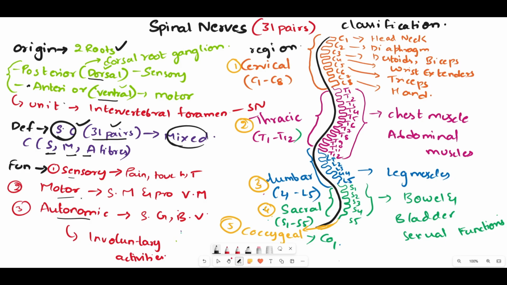The second one is the motor function. This is supplied to the skeletal muscles and provides voluntary movements. The third one is the autonomic function. These are supplied to the sweat glands and blood vessels, thereby regulating the involuntary activities. So you start with the definition, then the origin, then the classification, a diagram if possible, and you end the answer with the functions.